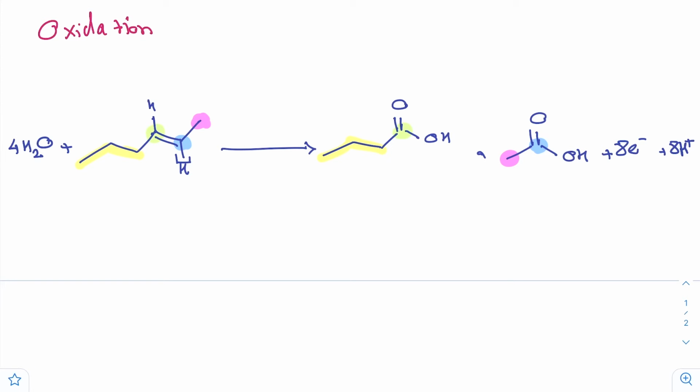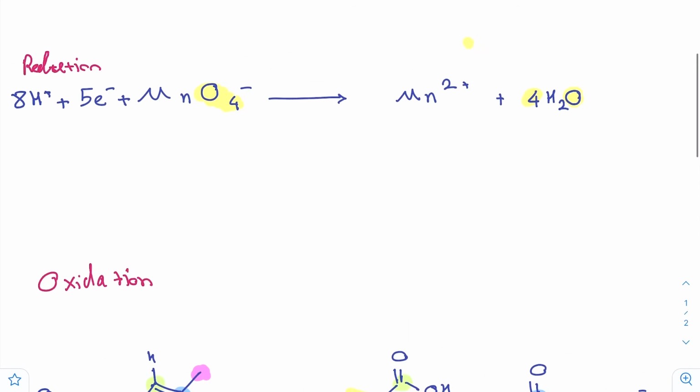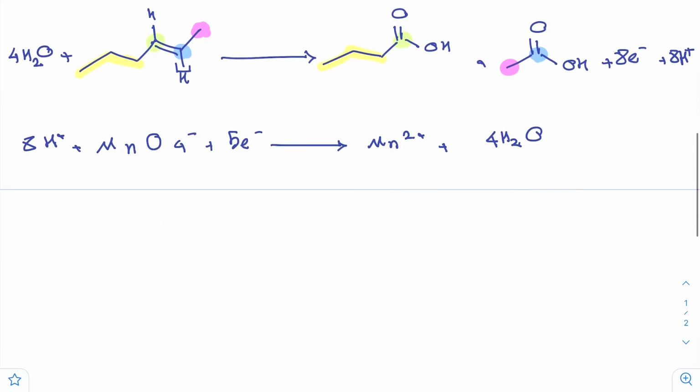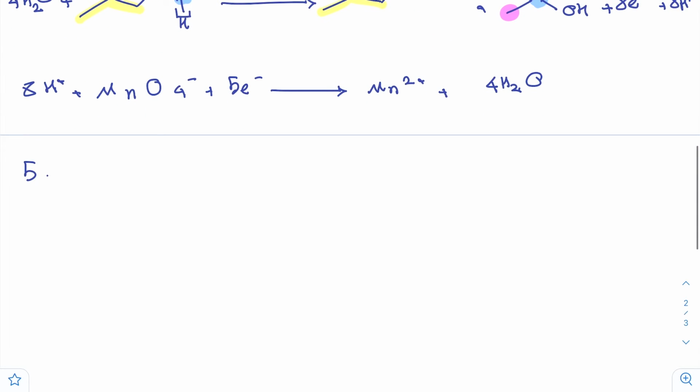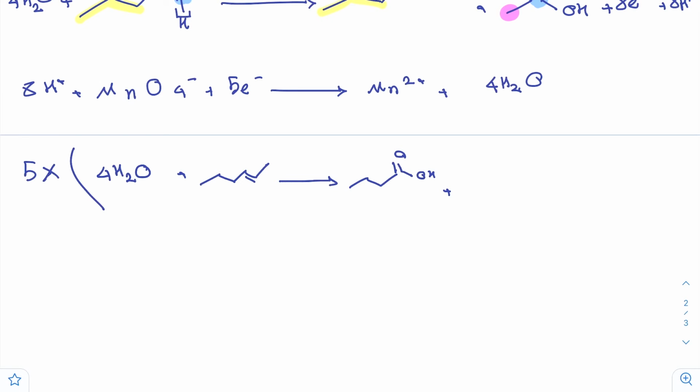How are we going to actually balance the equation? Now let me write the reduction half reaction. Okay, so what we want to do is to basically multiply the top reaction by 5. So 5 times 4 H2Os plus our alkene going to this carboxylic acid plus, and just for simplicity, how about I just call this PR for propyl and methyl there.